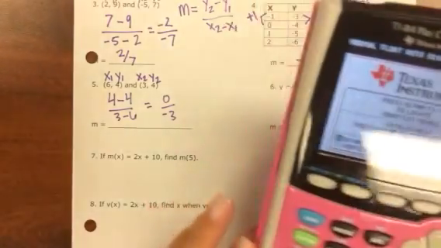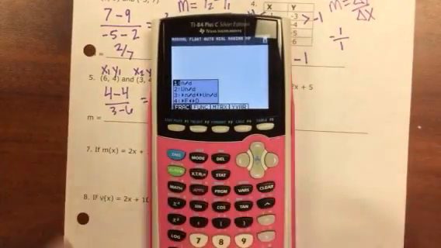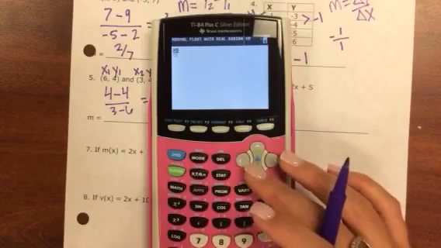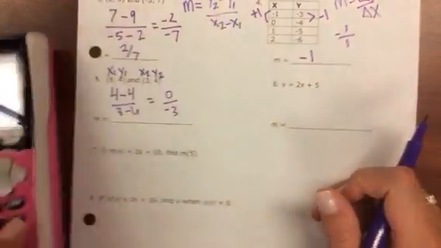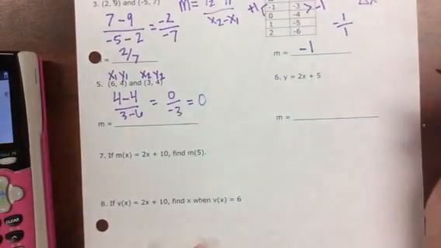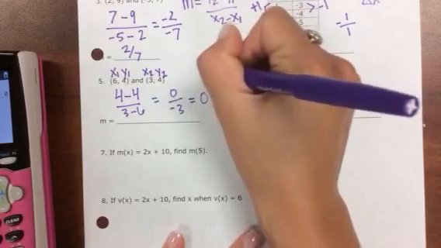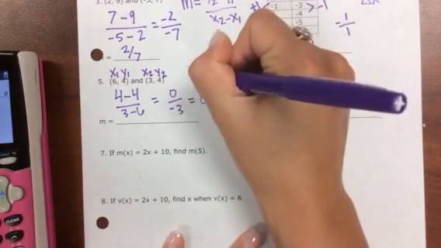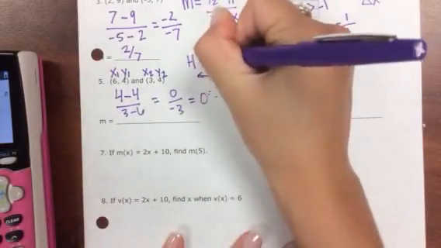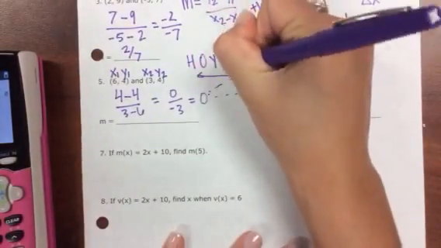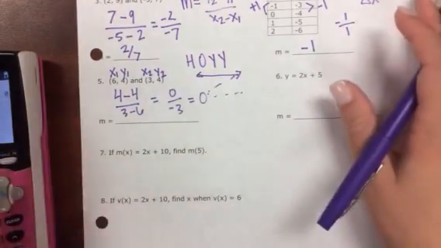So if I do 0 over negative 3, I'll get that my answer is 0. 0 on top is okay, so my slope is 0. If my slope is 0, then I must have what type of line? Horizontal lines have 0 slope, cross the y-axis, and are the equation y equals. So make sure that you know those.